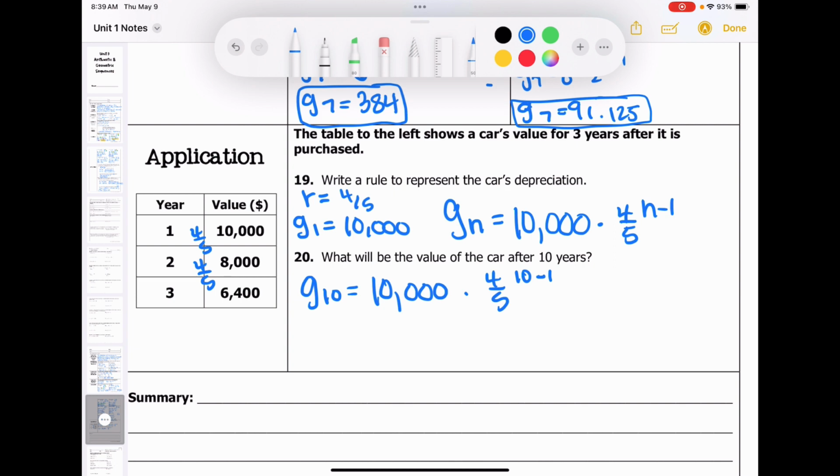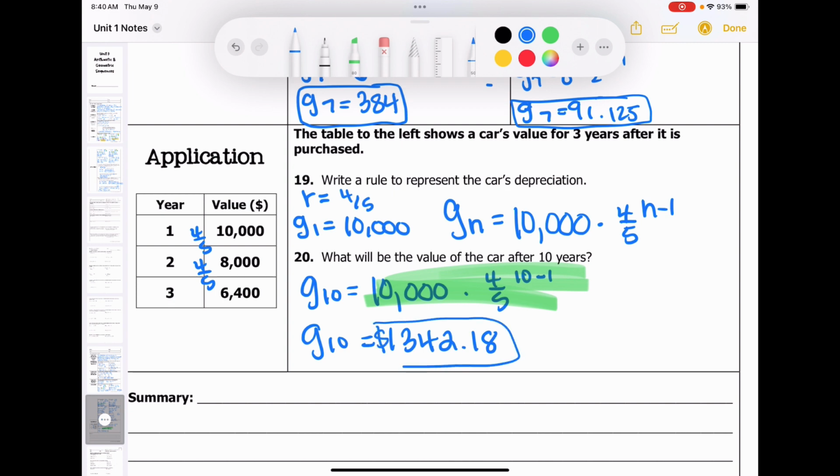Then I'm going to type this into my calculator. And it's going to give me $1,342.18. So dang, after 10 years, that car is worth pretty much nothing. All right, so that concludes the notes for geometric sequences.